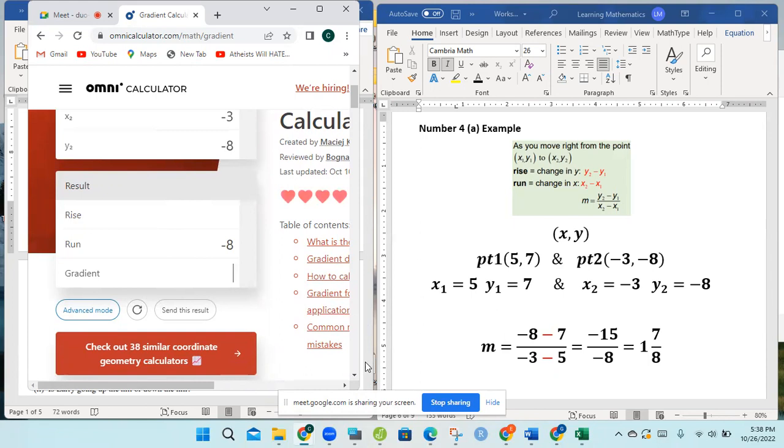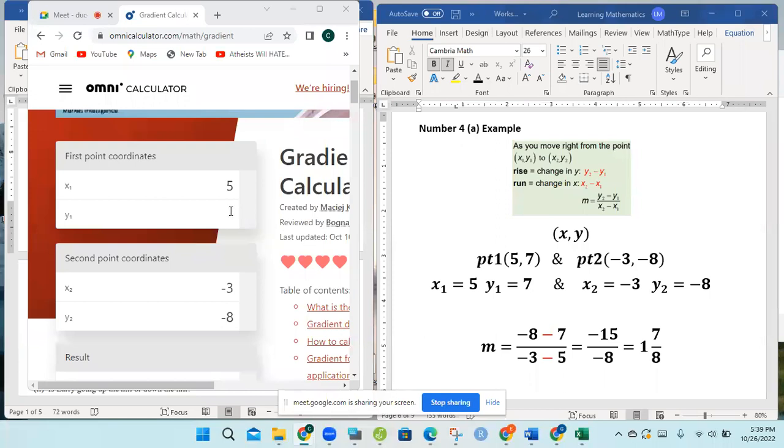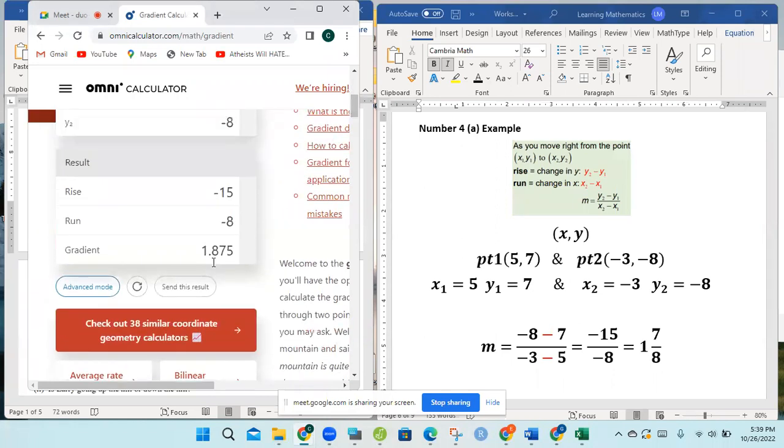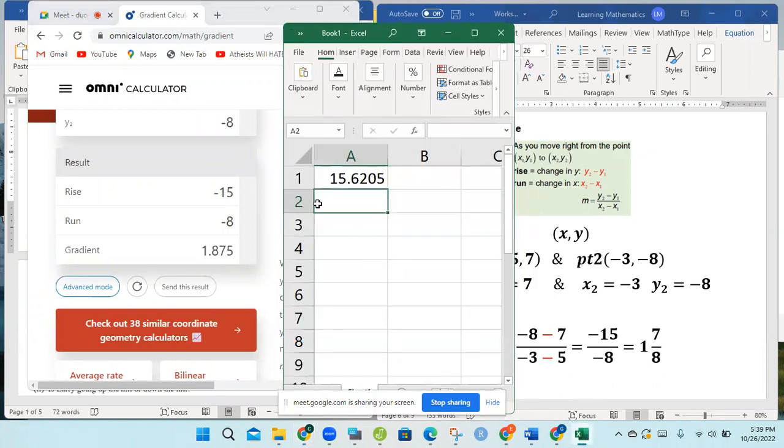Where is the result? Here we forgot to put Y1, 7 as Y1. And what's the result? 1.875. So 7 divided by 8. Actually, we got -15 divided by -8. 1.875. Here it is, 1.875.